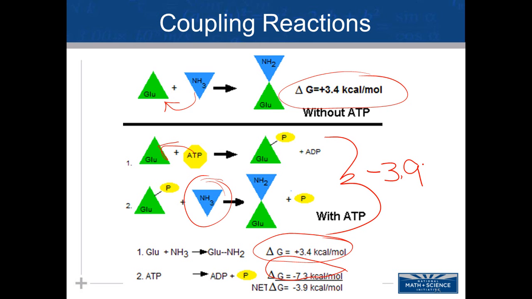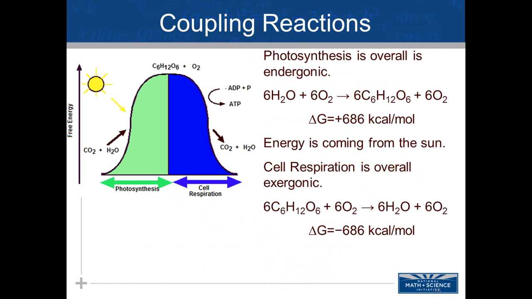And so a lot of biochemical pathways will couple an endergonic reaction with an exergonic reaction. And as long as the exergonic reaction has a larger value, then the net reaction or overall reaction will be exergonic. So here's an example of a biochemical pathway: photosynthesis and cell respiration.